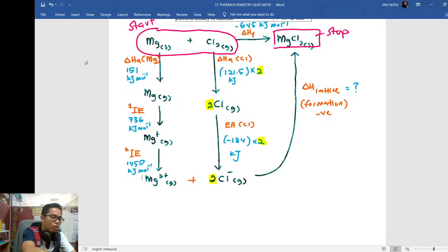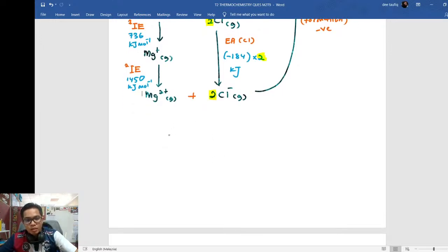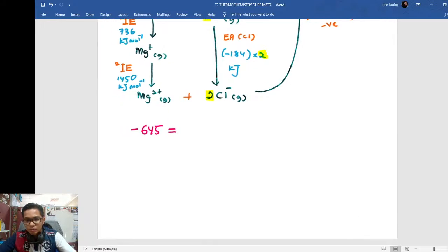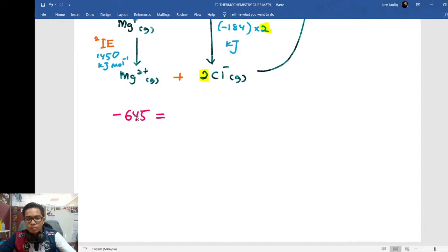So, saya tu dah masukkan nilai je lah. Saya tak tulis formula dah. So, delta Hf is negative 645 equal to, okay, atomization magnesium 151 plus, atomization of fluorine sebelah dia.